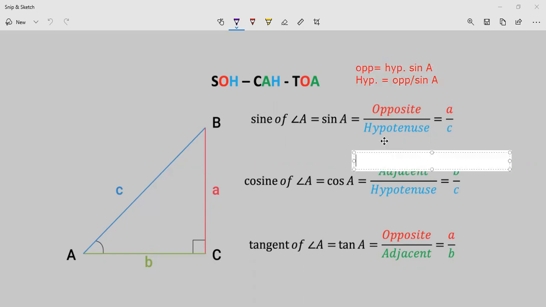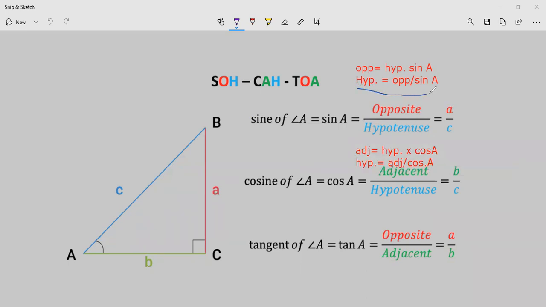Here, if you want to find the adjacent and you are given the hypotenuse, you multiply hypotenuse by cosine of angle A. But if you want to find the hypotenuse and you are given the adjacent, you divide the adjacent by the cosine of A. How come we have 2 rules for the hypotenuse?